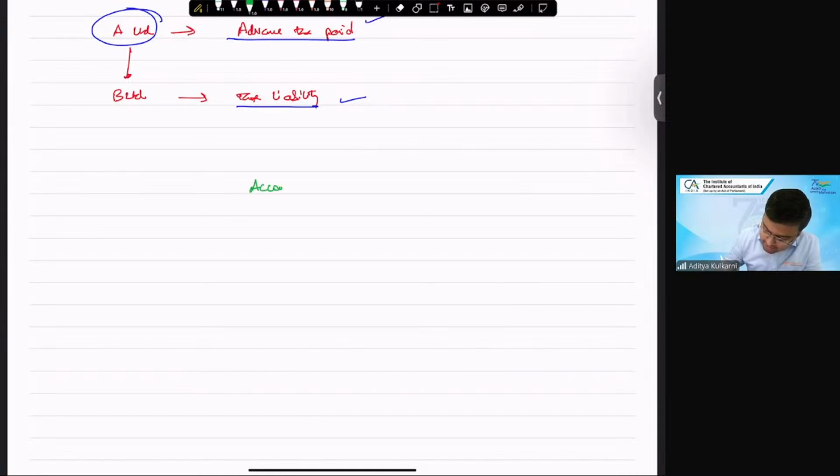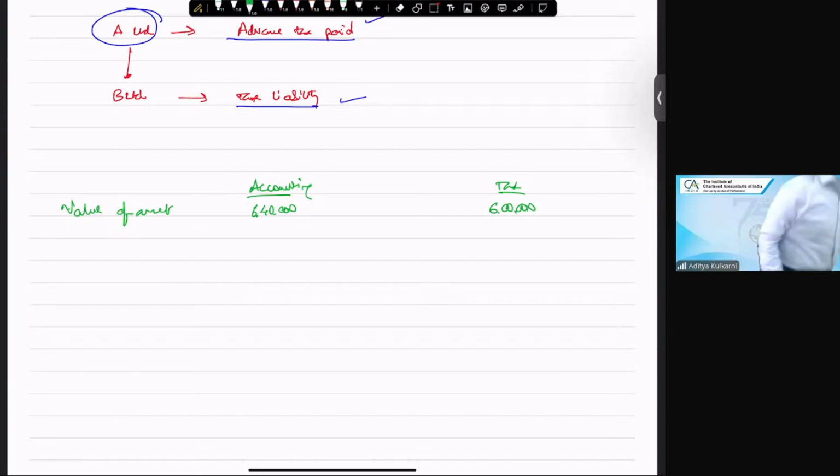Accounting, tax. Value of asset 6 lakh 40,000 here and here it is 6 lakhs. Now, just a minute. Listen carefully. This asset will be used to generate income.